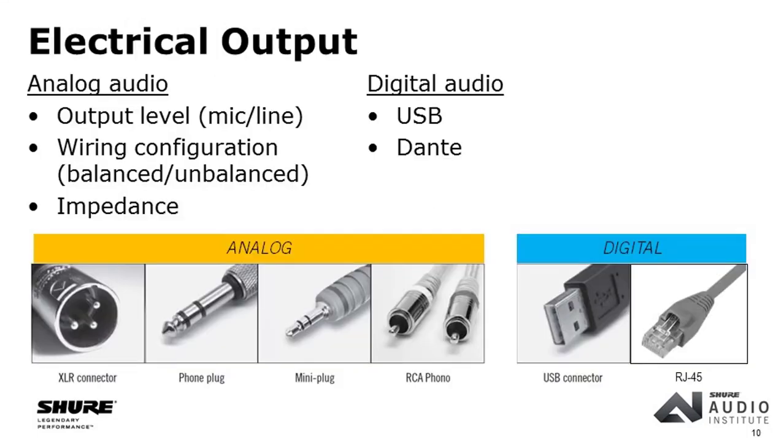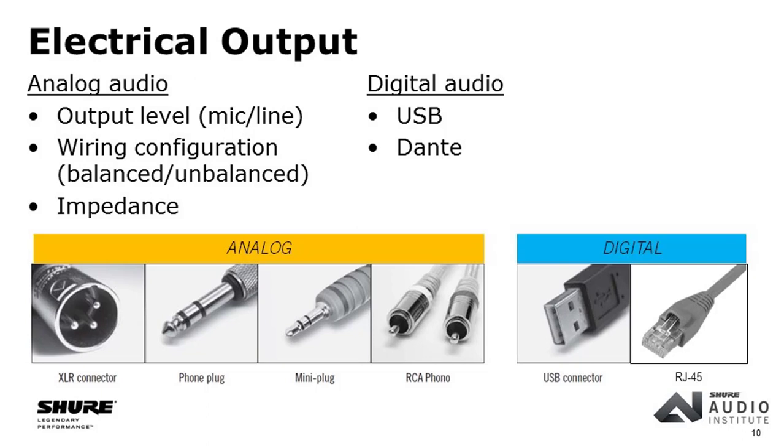Right. All right, and then let's talk about electrical output because this is something that has actually changed in the transition from analog to digital. Analog microphones have a characteristic output level. There's a certain amount of voltage that comes out given a certain acoustic volume going in. And there's also a different wiring configuration.